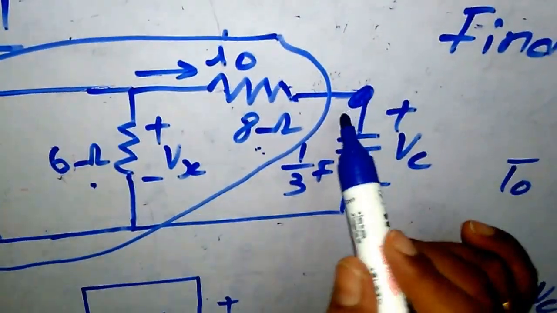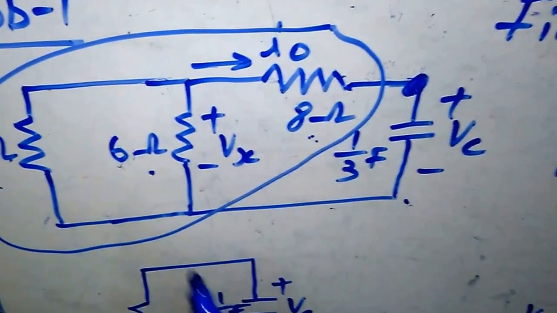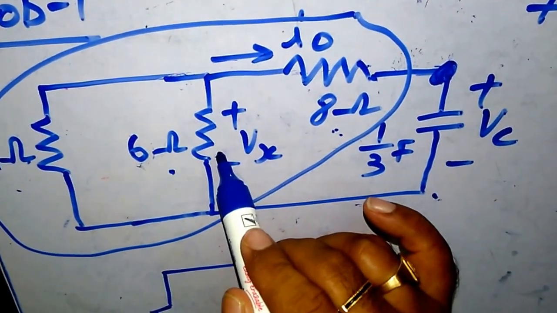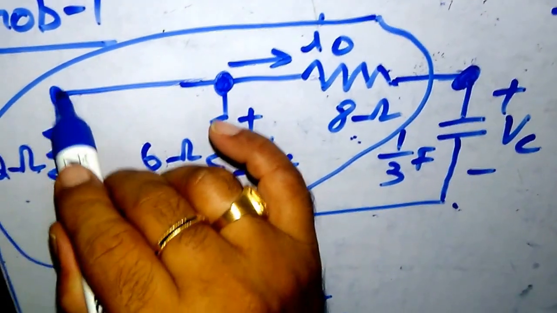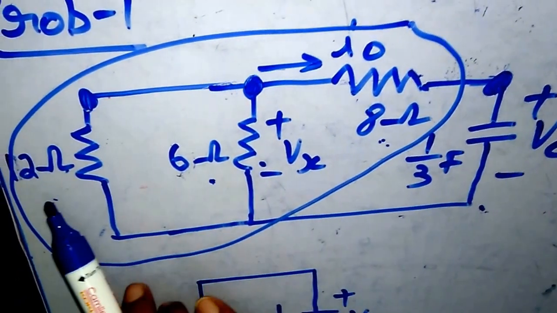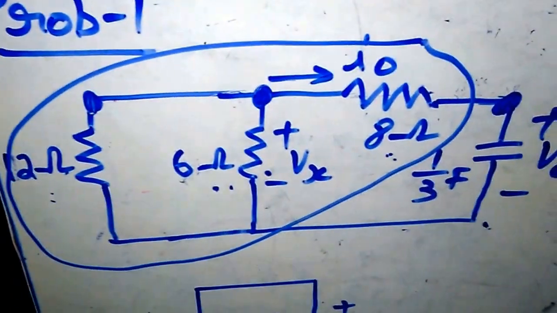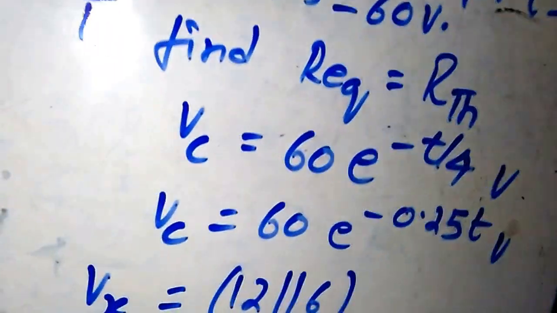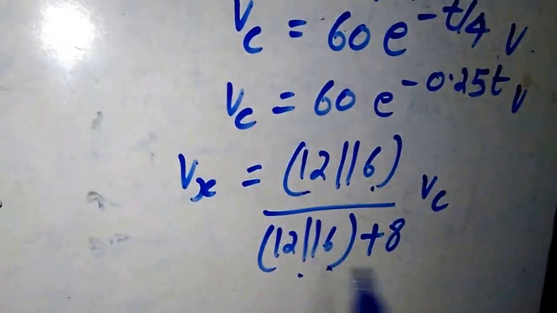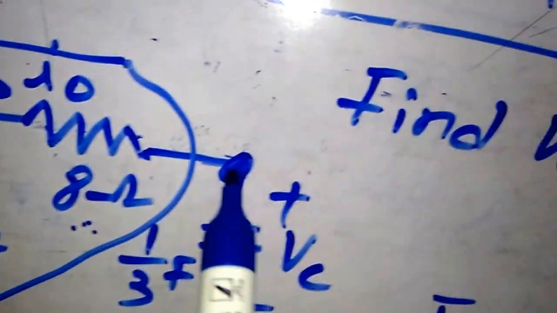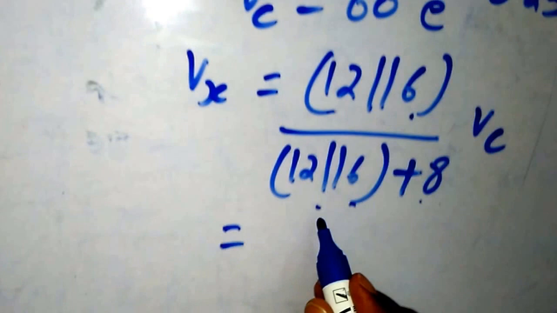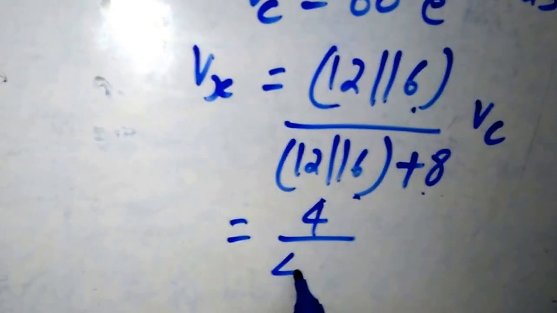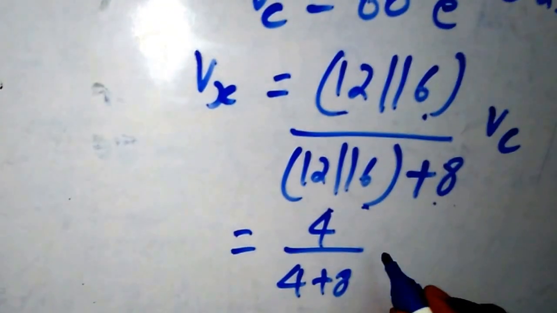We need to find the voltage across the 6 ohms, which is the voltage at this node, which is the same as the voltage at this node. So we have written it as 12 parallel 6 by 12 parallel 6 plus the series resistor 8 ohms, into the node voltage Vc. 12 parallel 6 you already did as 4, so that is 4 by 4 plus 8 into Vc.